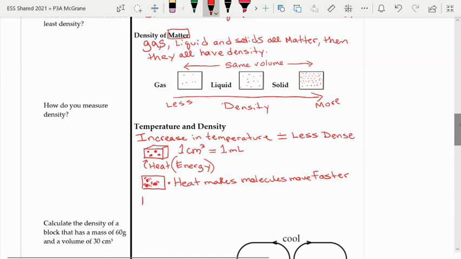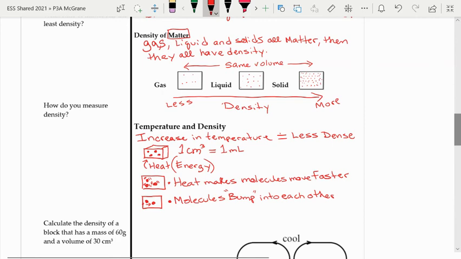When the molecules move faster, they start bumping into each other. So I'm going to show some arrows bumping into each other. Now, there's a law from Isaac Newton that says for every action, there's an equal and opposite reaction.